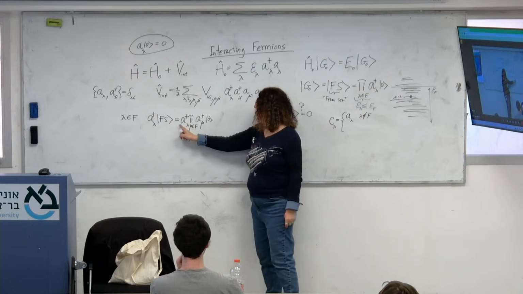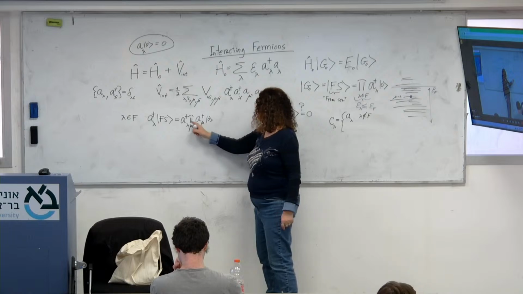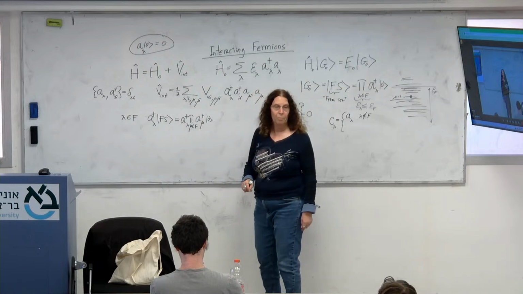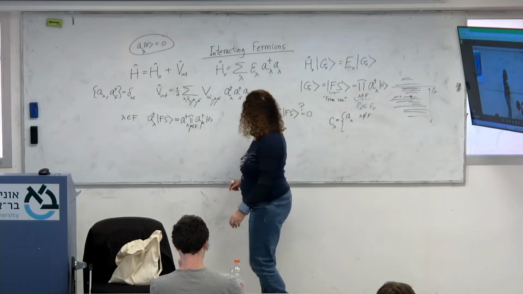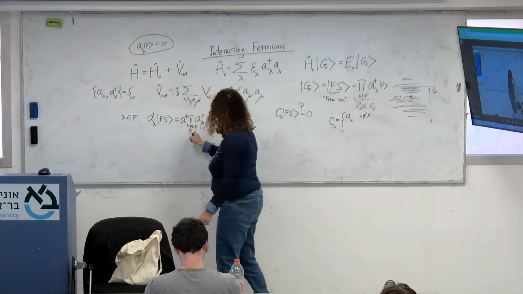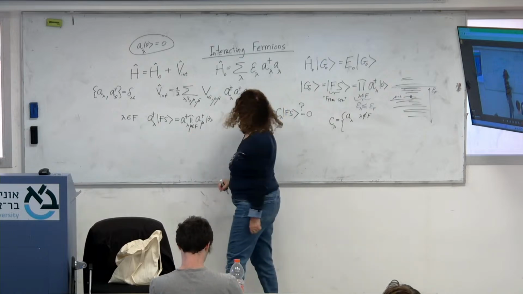And now I do reshuffling of this through all the states, all the A daggers with mu different from lambda, until I hit A dagger lambda, right? Because now lambda is inside F, so one of the mu's here is equal to lambda. Okay?